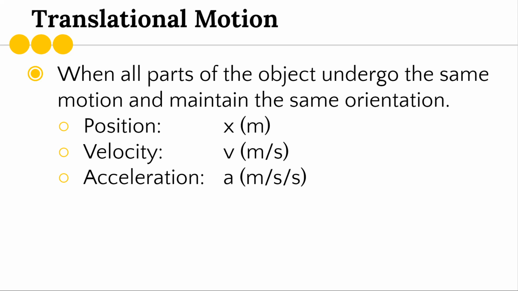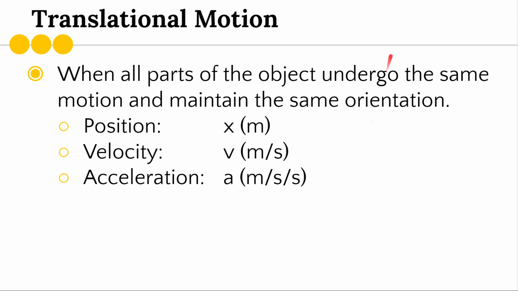When we discussed velocity, it's represented by the variable v. That's how it shows up in your equations, and it was measured in units of meters per second. And when we talked about acceleration for our objects undergoing translational motion, we used the variable a, and we measured our accelerations in meters per second squared, or meters per second per second. Okay, so all of this looks familiar.